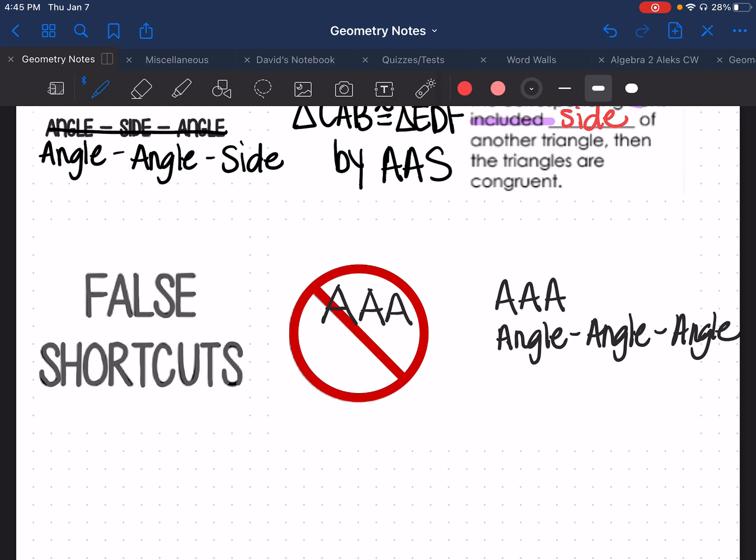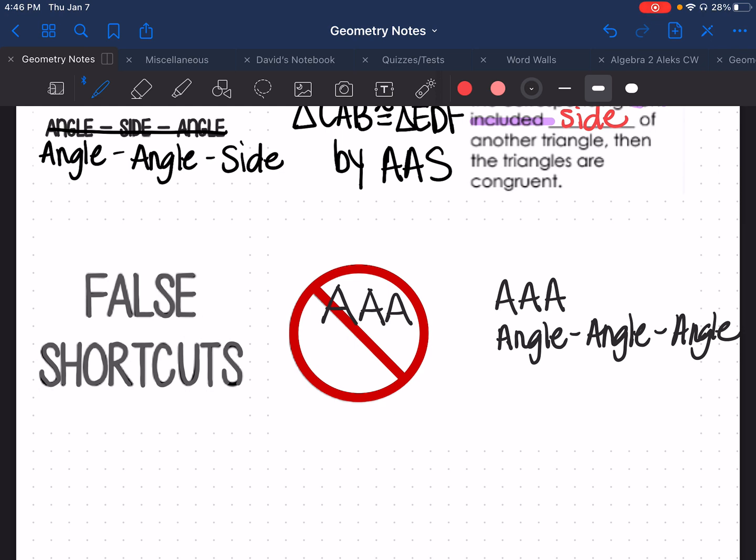It's not going to make the triangles lock into place and be exactly congruent. Remember, to be congruent, we have to be exactly the same size and exactly the same shape. You're going to get the same shape, but you're not going to get the same size. I could have two different triangles, both with the same degrees, but the sides would be different lengths, and so then they would not be congruent.